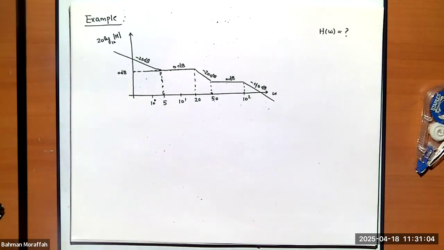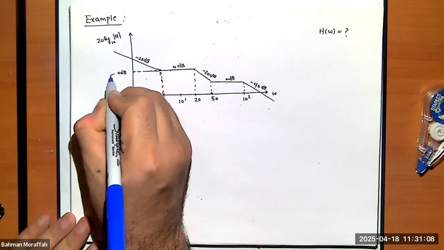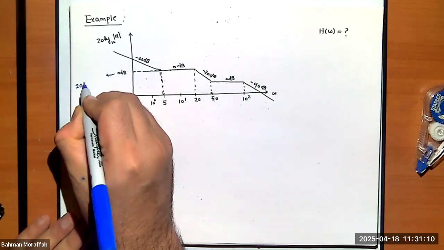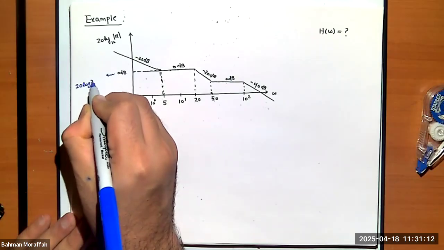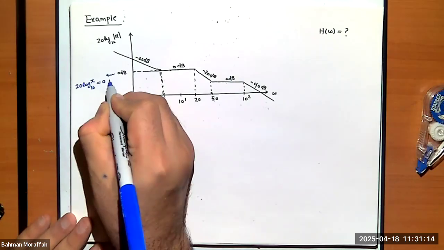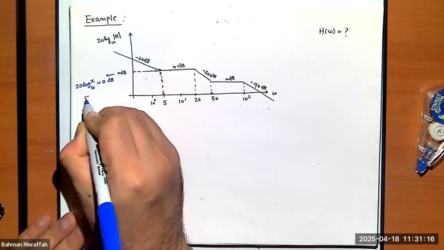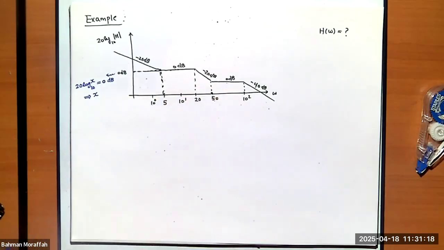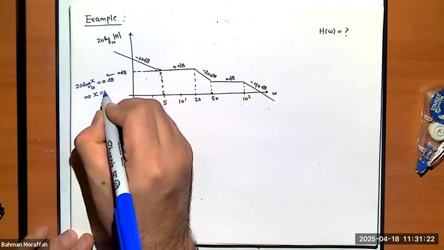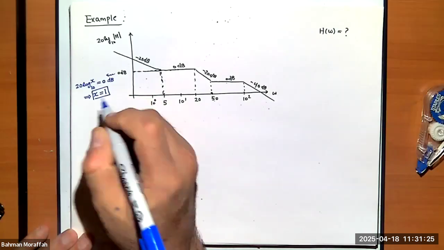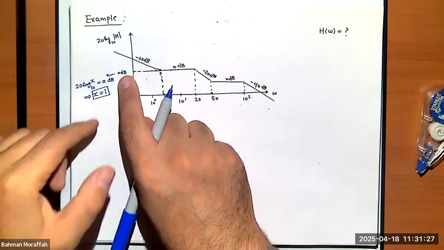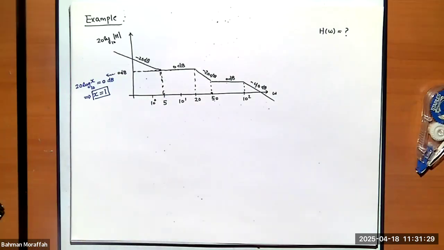What is this 0 dB on linear scale? Basically, the question I'm asking is 20 times log 10 of x equals 0 dB. What is this x? x is 1. So on linear scale, this number is representing 1.